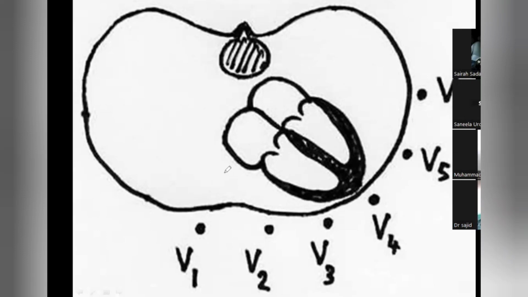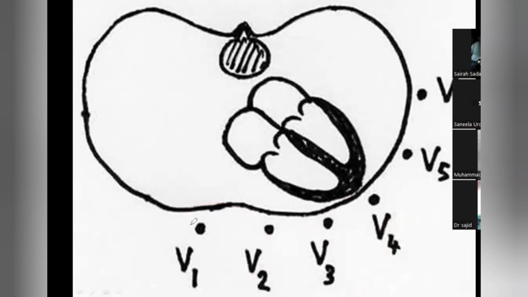So what do they do? As you can see, V5 and V6 are placed on the left side of the heart, so they will give you information about the left side of the heart. Cool? All right. These are placed near the septum or the front, so they give you information about the front of the heart, that is the anterior. Now V1, V2 are placed here.